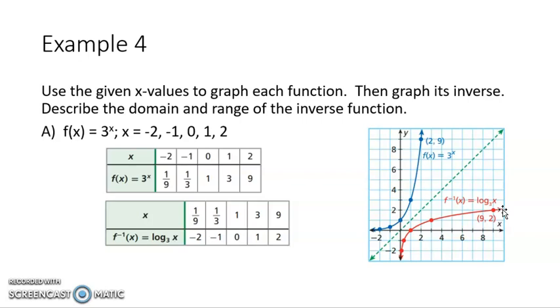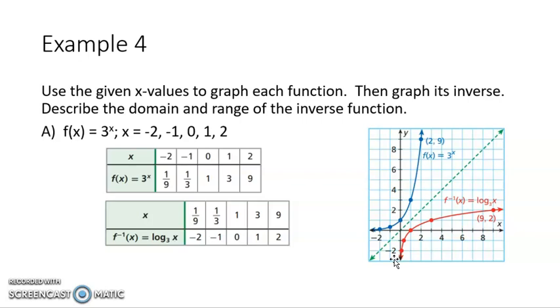Now the last thing I need to do is talk about domain and range. Now remember, domain is all the x values I'm allowed to put in. Notice the blue function has a horizontal asymptote at the x-axis. That means the red one will have a vertical asymptote at the y-axis because I'm switching that. So my x values have to be greater than 0.